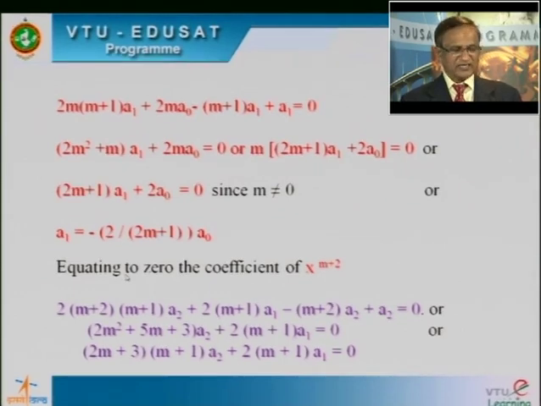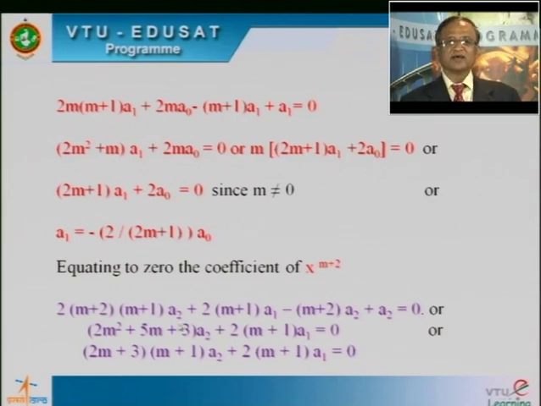Okay. Now, exactly in the similar way, I want to equate the coefficients of x to the power m plus 2. So you can collect all these terms from the previous equation. What are the coefficients? 2(m plus 2)(m plus 1) a2 plus 2(m plus 1) a1 minus (m plus 2) a2 plus a2 is equal to 0.